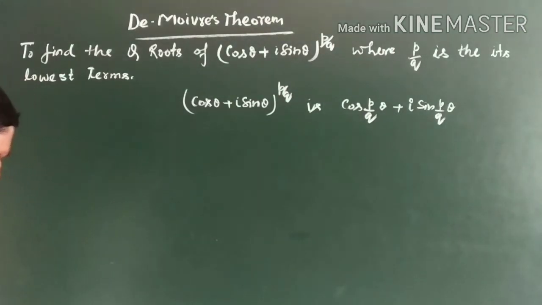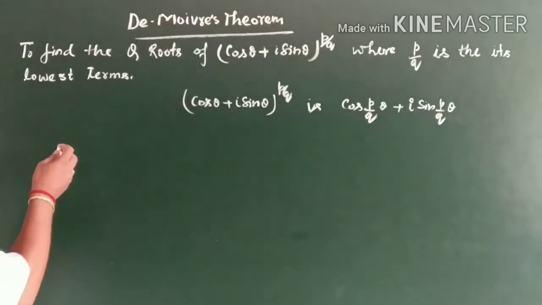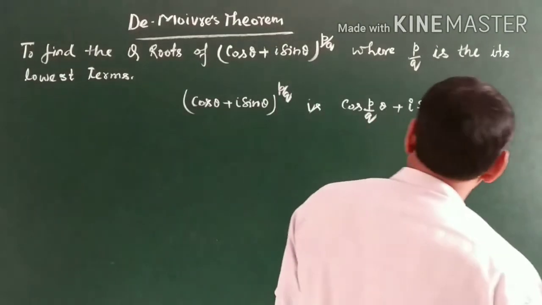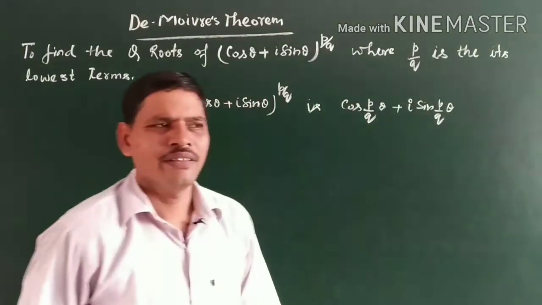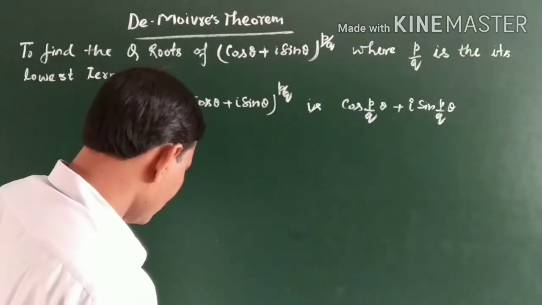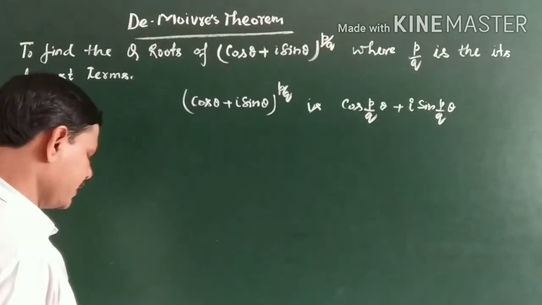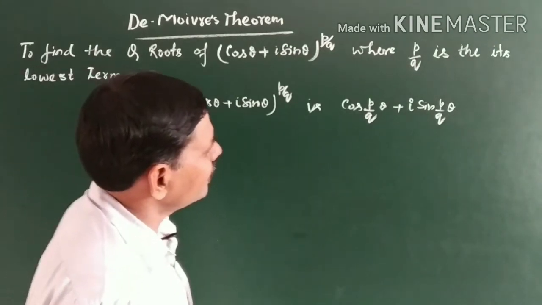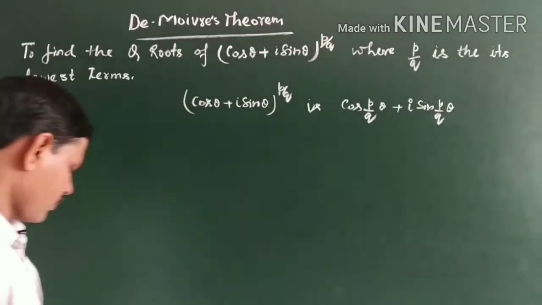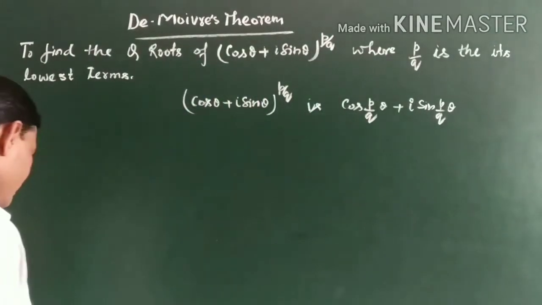We know that the cosine and sine of an angle have the same values when the angle is increased by any integral multiple of 2 pi.